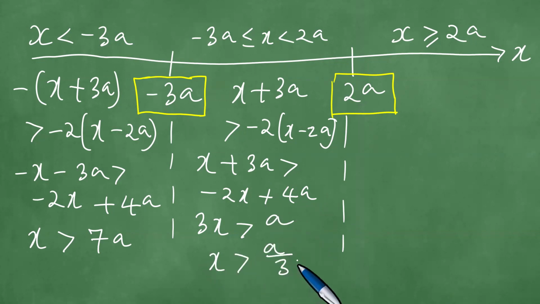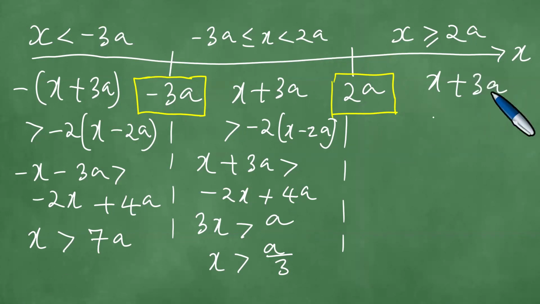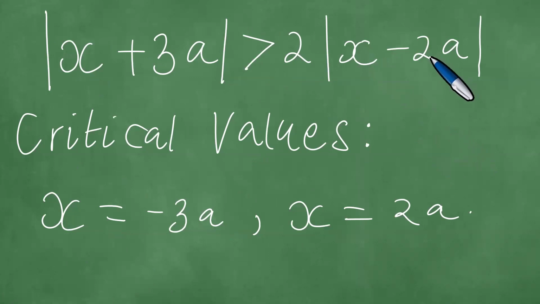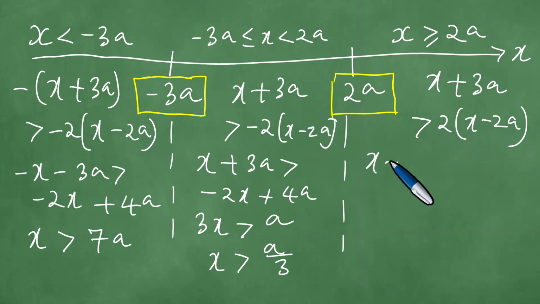So that x is bigger than a over 3. Now the part where x is greater or equal to 2a, maybe pick a 4a. 4a plus 3a is going to be 7a, which is positive, so we're going to have x plus 3a strictly bigger than, on the right with 4a minus 2a, it's going to be a 2a positive, 2 into x minus 2a. x plus 3a is bigger than 2x minus 4a.